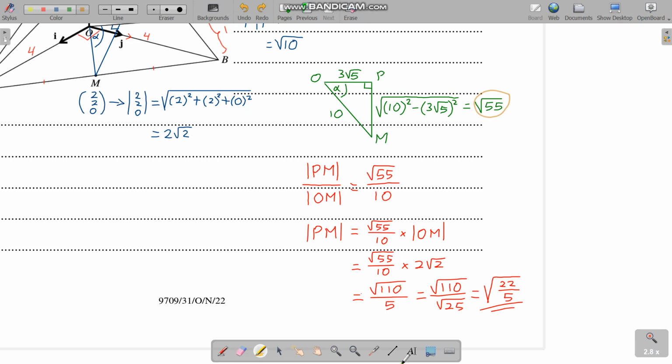So we can cancel out the 2, and 10 divided by 2 is 5. So we have 55 times 2 is 110. So root 110 over 5. And if you use your calculator, divide by 5, we get root 22 over 5, which is what we need to prove. Alright, I'll see you again next time.